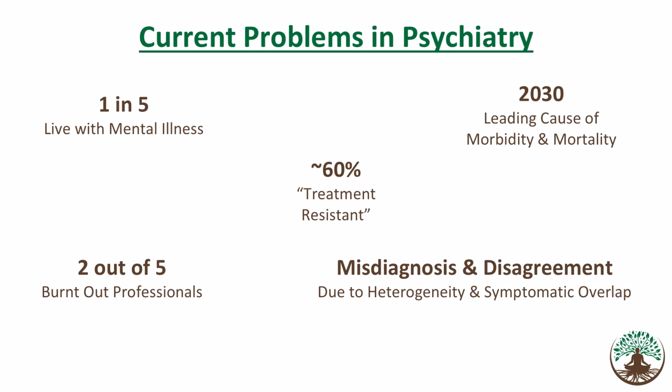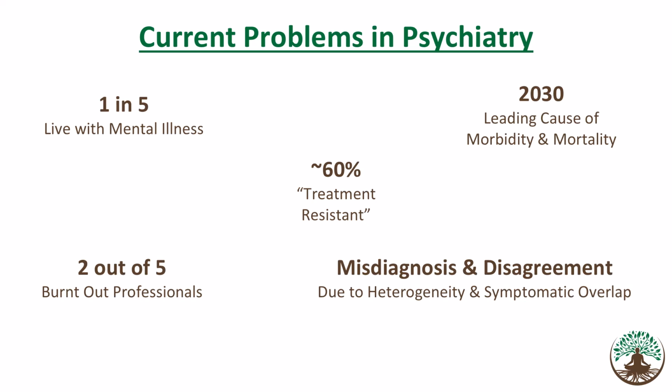According to the CDC, it is estimated that 1 in 5 adults and adolescents live with mental illness. By 2030, it is predicted that psychiatric illness, especially depression, will be the leading cause of worldwide morbidity and mortality.